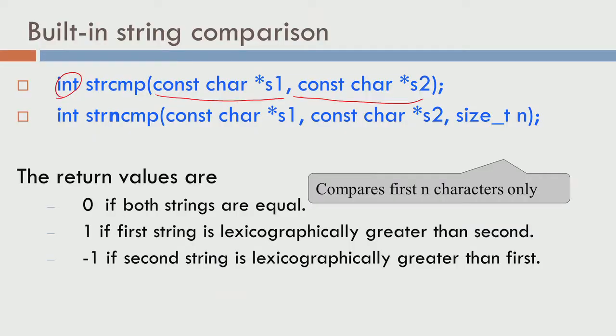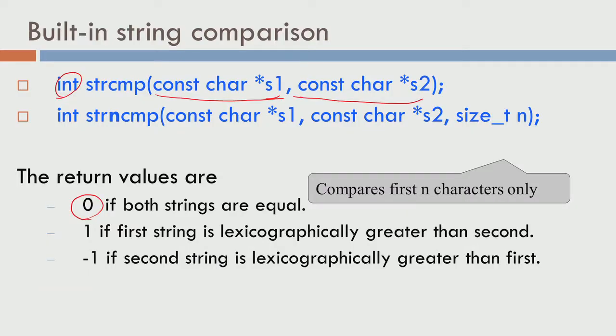So, if both S1 and S2 are equal strings, which means if I gave hello and hello as S1 and S2, then both strings are equal, you will get 0 as the result. Instead of printing on the screen, it gives you an integer. You can go and look at the integer value and decide whether they are equal or not.